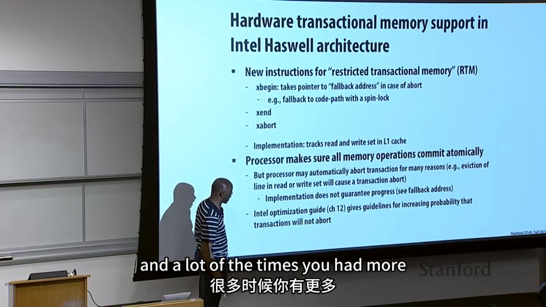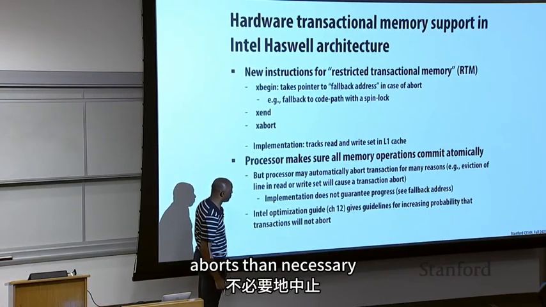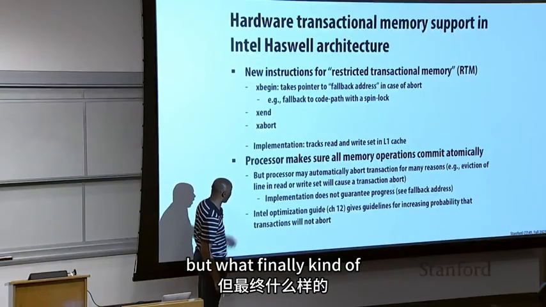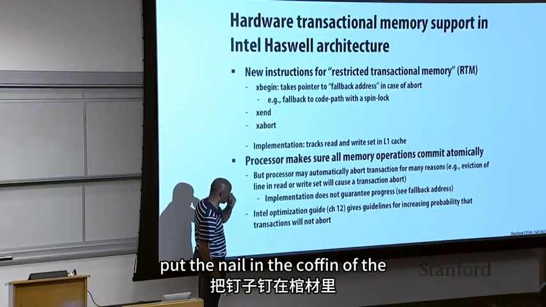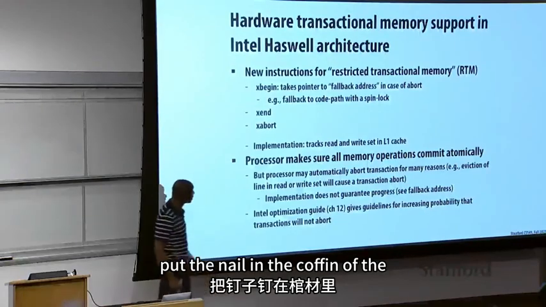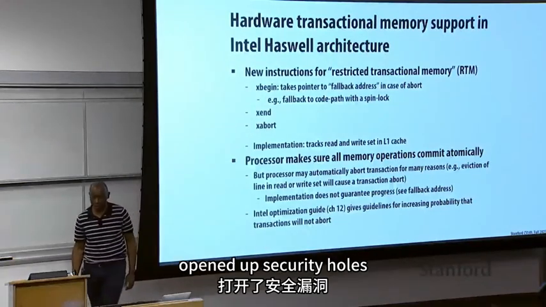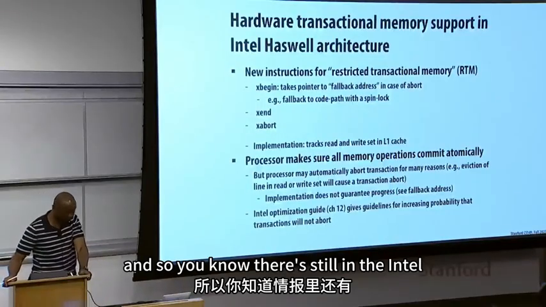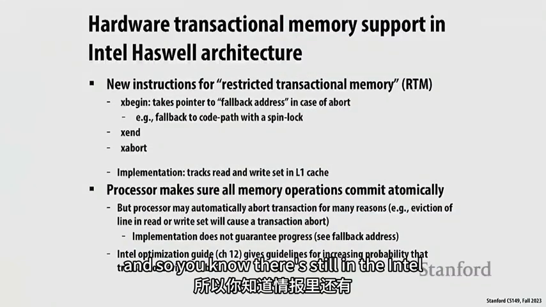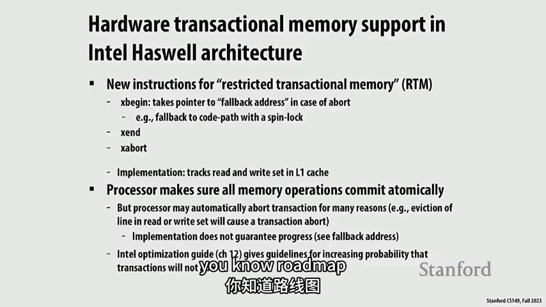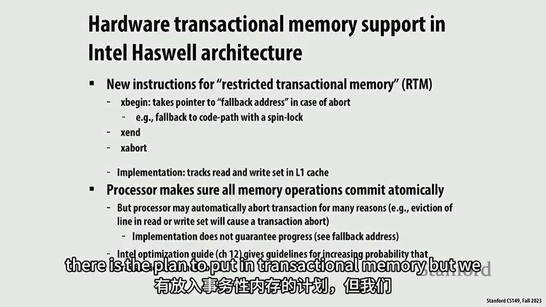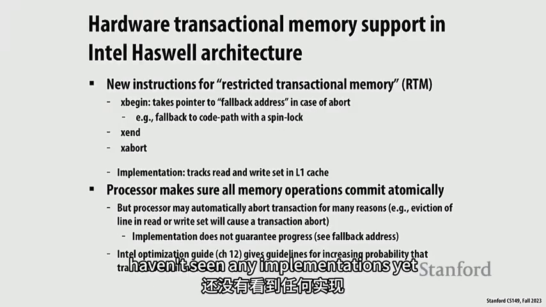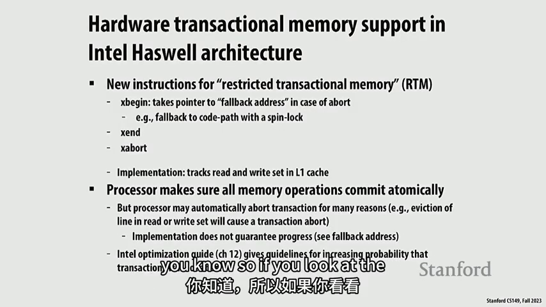A lot of the time you had more aborts than necessary. But what finally put the nail in the coffin of the transactional memory support was that it opened up security holes that people exploited.